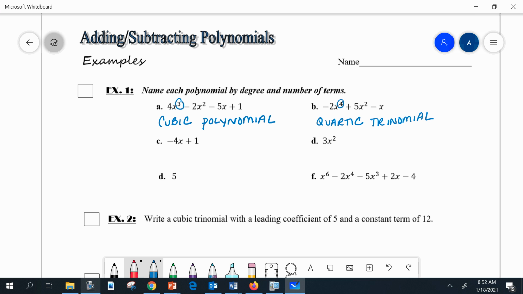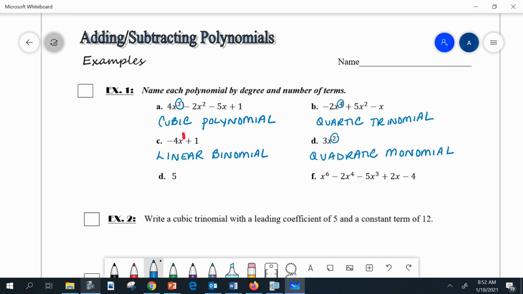And so this has a degree of 1, which makes this a linear, and it has 2 terms, so it's going to be a linear binomial. All right? For part D, the degree is 2, which is called a quadratic, and it only has 1 term, so this is a quadratic monomial.